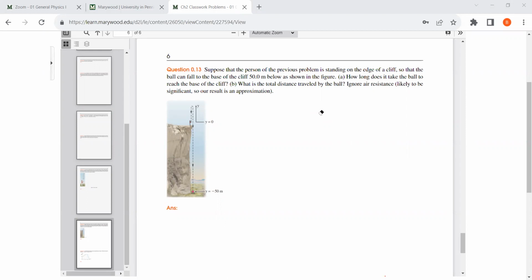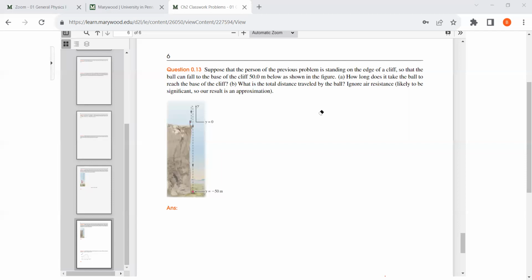It says, suppose that the person of the previous problem, which is basically the continuation of the last problem, is standing on the edge of a cliff so that the ball can fall to the base of the cliff that is 50 meters below, as shown in the figure. So the cliff is 50 meters tall.